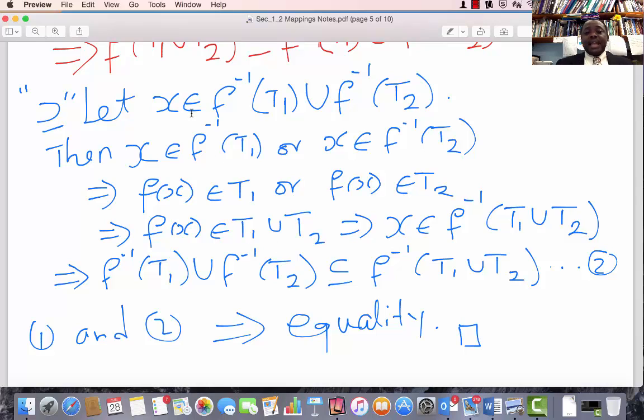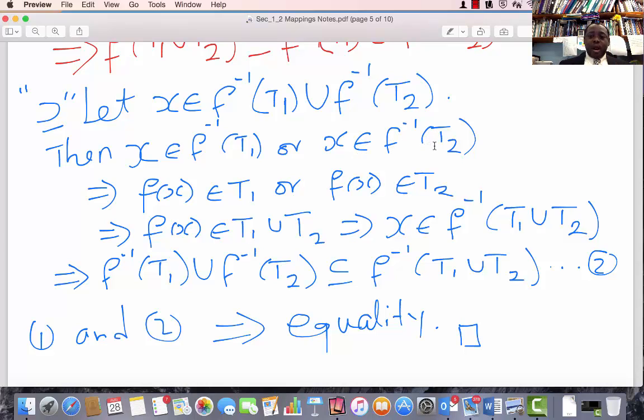The reverse inclusion. So pick an element x from f inverse of T1 union f inverse of T2. What does that mean? From section 1.1, I have my union here. That means x is an element of f inverse of T1, or x is an element of f inverse of T2.